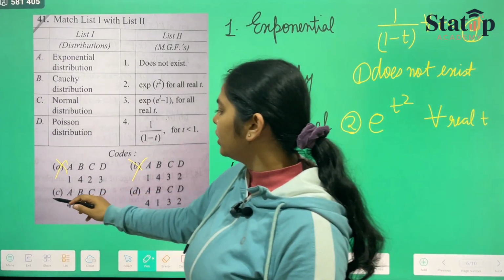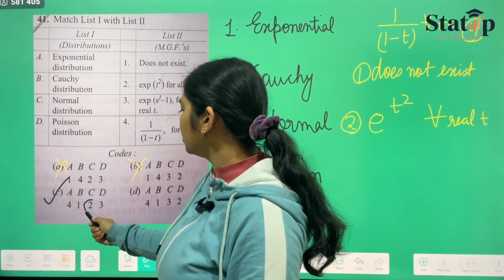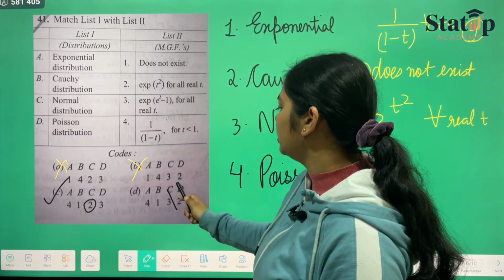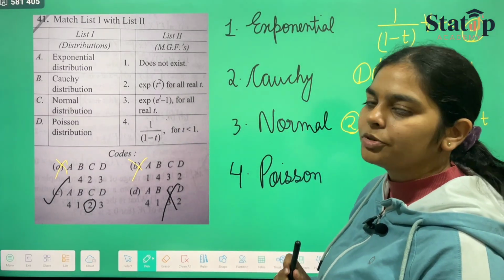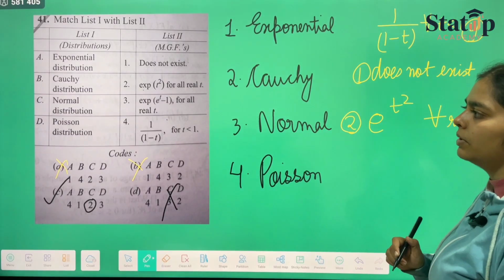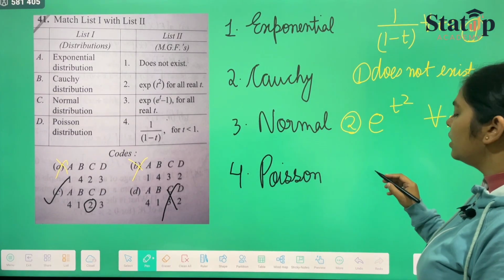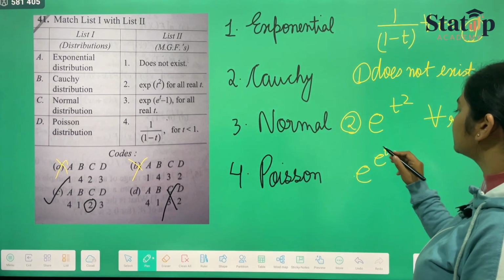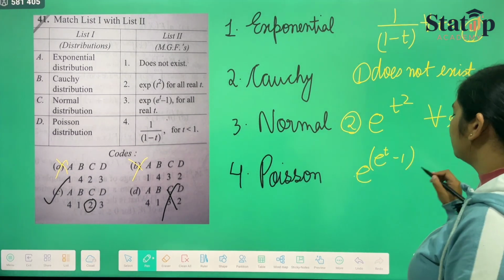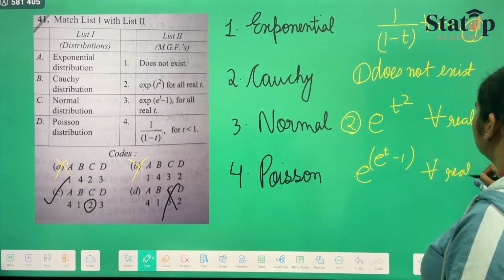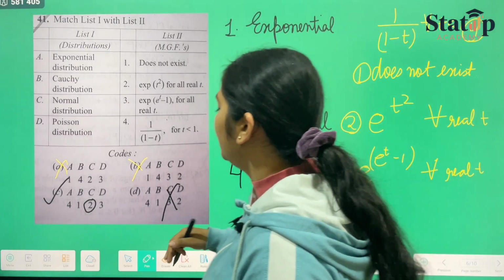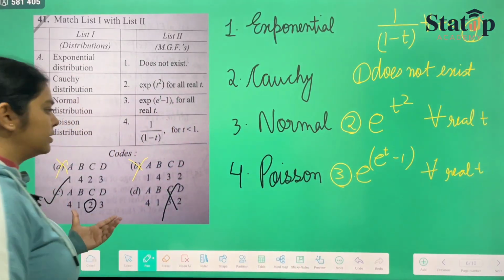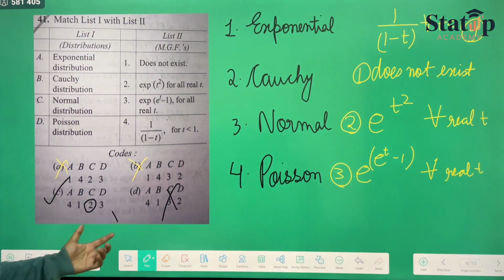Here, C matches with option number 2 and D matches with option number 3. Where it matches with 3, that is wrong. So our option C is correct. Let us see the last one as well. For the Poisson distribution, it will be e raised to the power (e^t minus 1), for all real t. This is our option number 3, and hence option C is the correct answer.